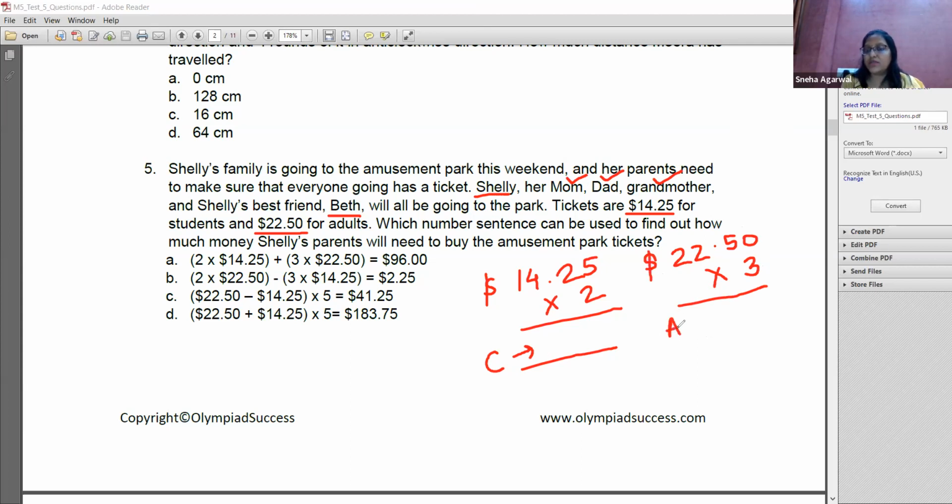They're asking how much total amount you need to pay for the tickets, so add the total cost for children and the total cost for adults. This will give you the final answer. You can see this equation only in the first option, so we are selecting the first option. Now is that clear?